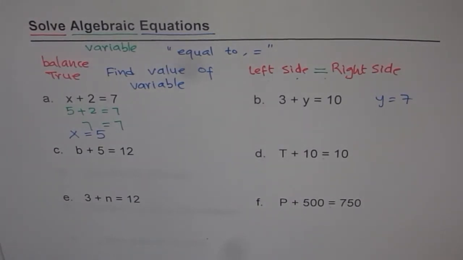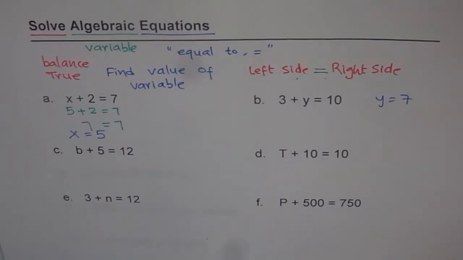So there are different ways of solving equations. But here I'll teach you the algebraic way of doing it, right? From now onwards we will not use guessing games or trial and error, but we'll use a systematic way of solving algebraic equations.